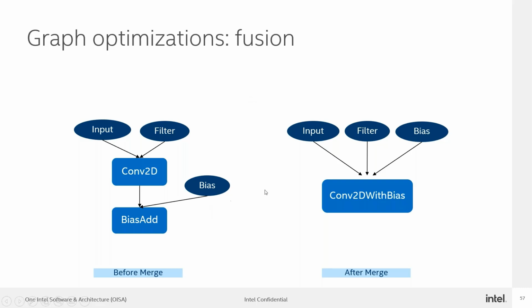When some operations can be added to a single node, it is done here. Like here, Conv2D and bias addition, and then bias is also added here. So these three operations are merged or fused. It will reduce some time. So this kind of optimization is also there.